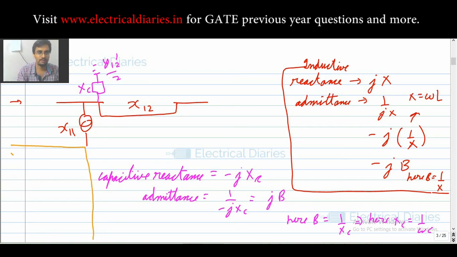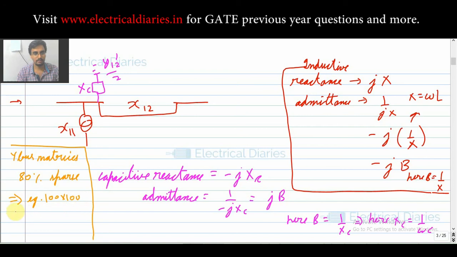Generally your Y bus matrices are very sparse. Sparse means that most of the elements are zero. So if it is given that 80% of the Y bus matrix is sparse, the meaning is that 80% of the total elements of the Y bus matrix are zero. For example, there is a 100 into 100 order matrix.